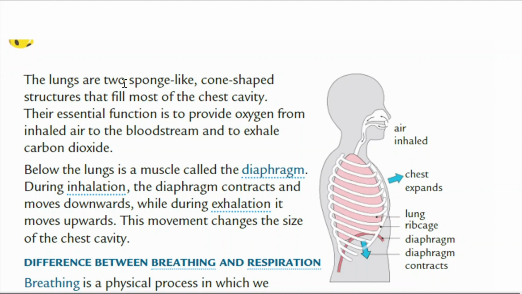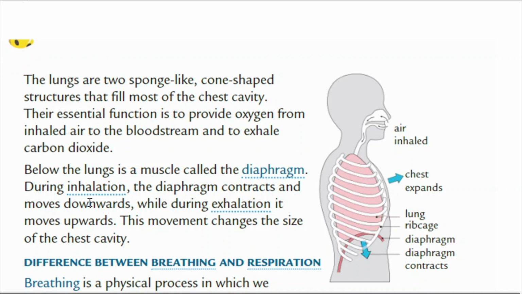The lungs are two sponge-like cone-shaped structures that fill most of the chest cavity. Their essential function is to provide oxygen from inhaled air to the bloodstream and to exhale carbon dioxide. Below the lungs is a muscle called the diaphragm.